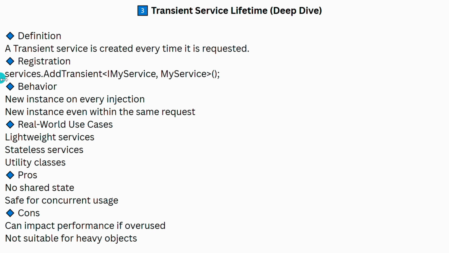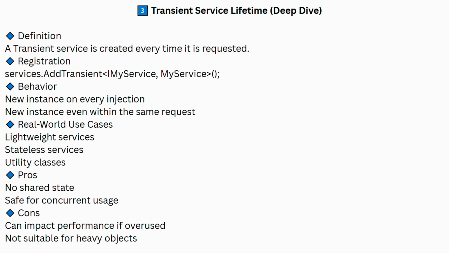This is the registration: services.AddTransient. This is the structure to register that particular transient service. Behavior: new instance on every injection, new instance even within the same request. What it is saying is that every time you inject the service at any level, you create a new object for that particular service.